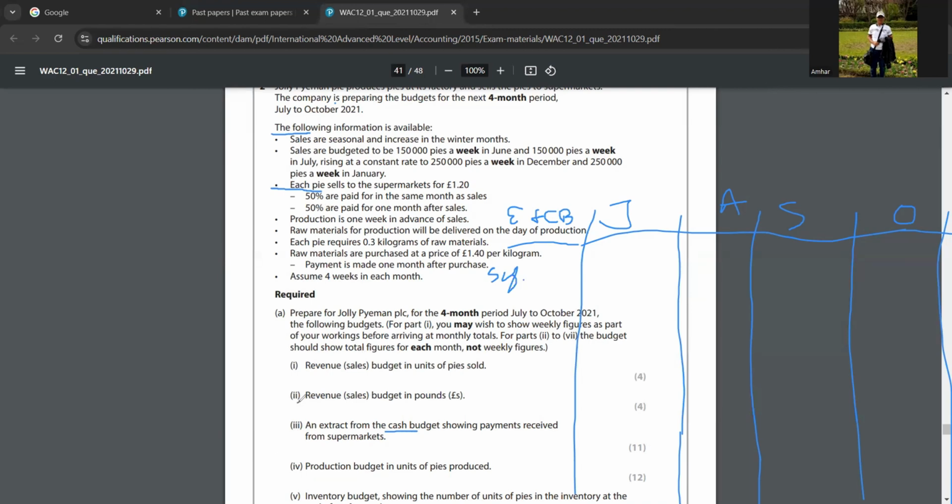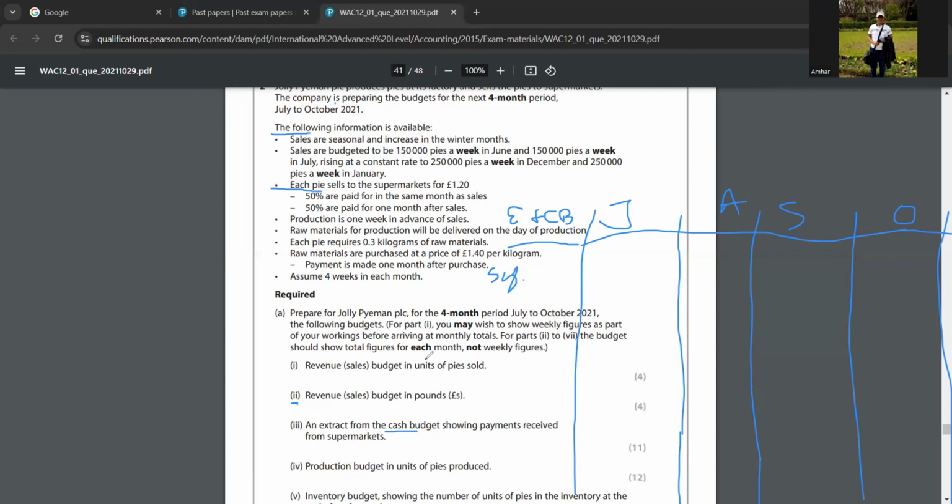Now when you do budget questions, you have to look at all the answers, because when you are doing the third one, the third one's answer you have to take from the second one or first one. So each and every part is related: revenue budget, production budget, cash budget, inventory budget.